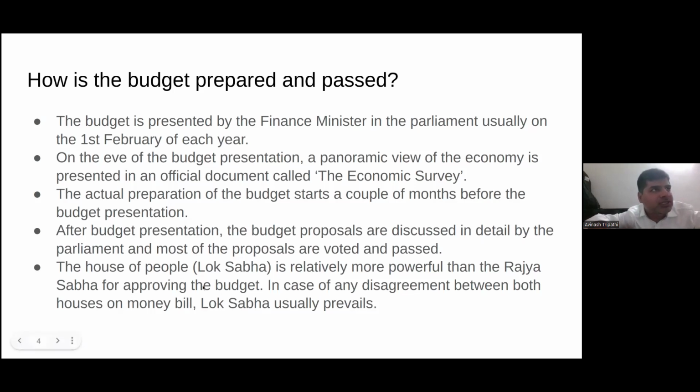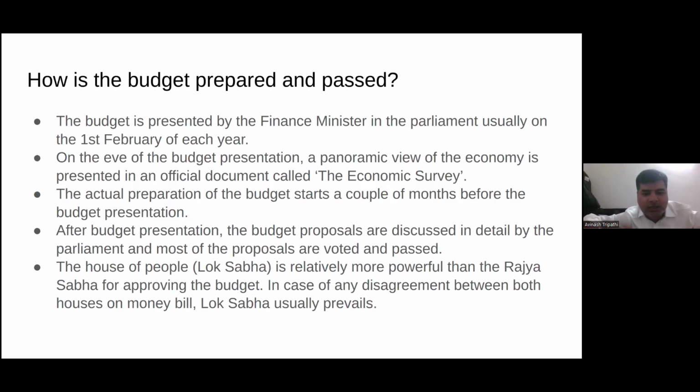Basically, budget proposals move through both the houses, but in terms of actual approval power, Lok Sabha is much more powerful. Only Lok Sabha is supposed to give legislative authorization. Rajya Sabha at most can suggest some modifications.